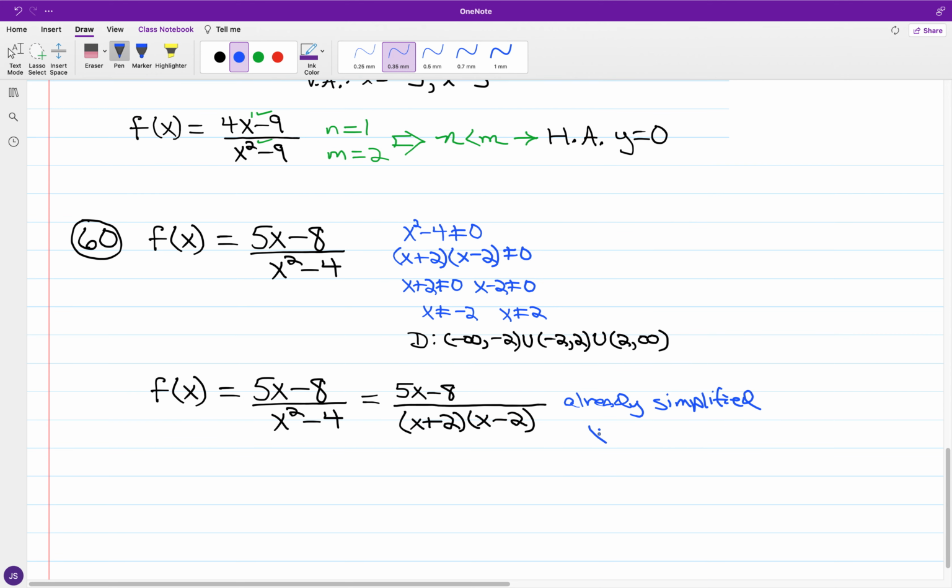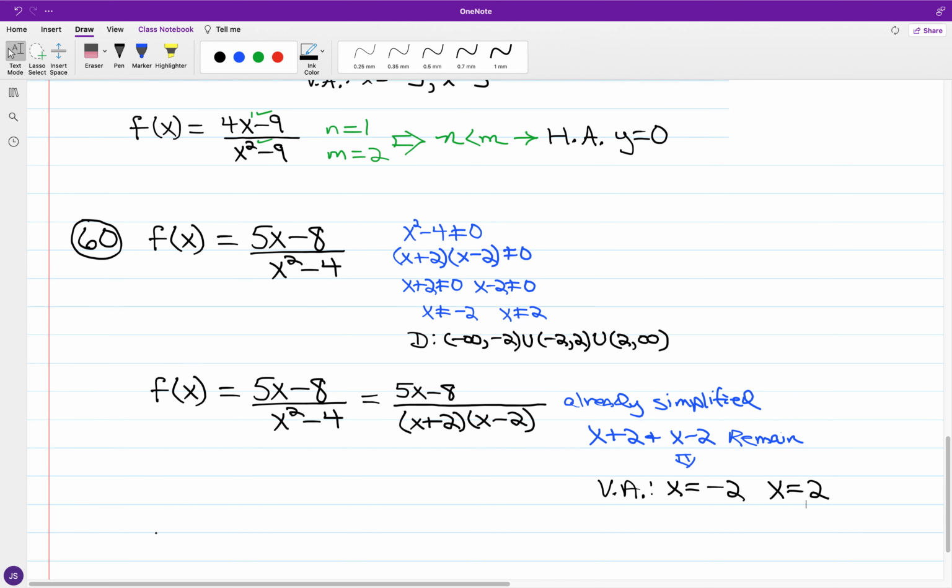So what this means is that x plus 2 and x minus 2 are going to stay, and we'll have another set of 2 vertical asymptotes. Both of these exclusions will lead to the formation of the vertical asymptotes, which we're going to have at x equal to negative 2 and also x equal to positive 2.